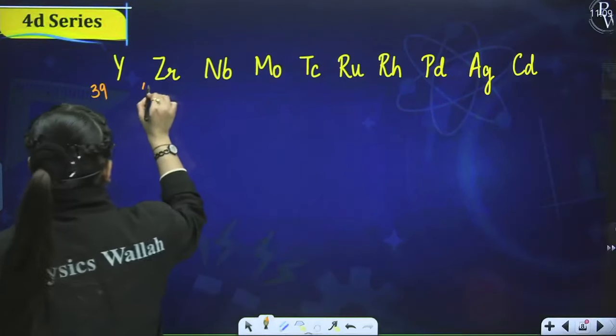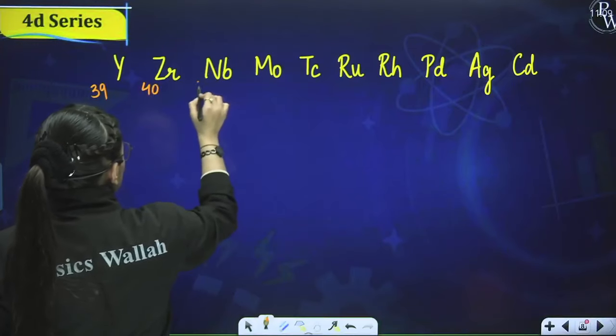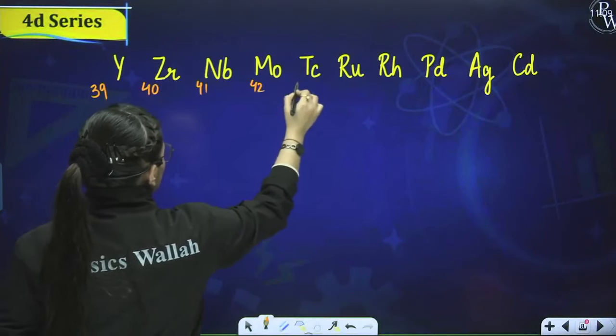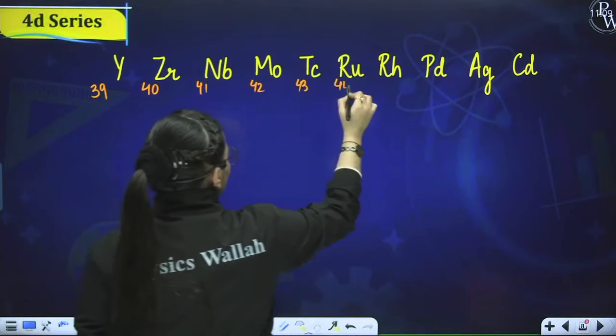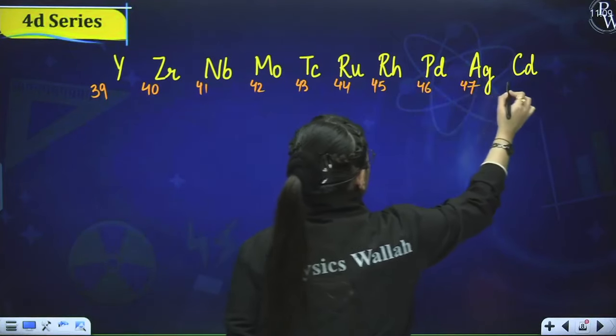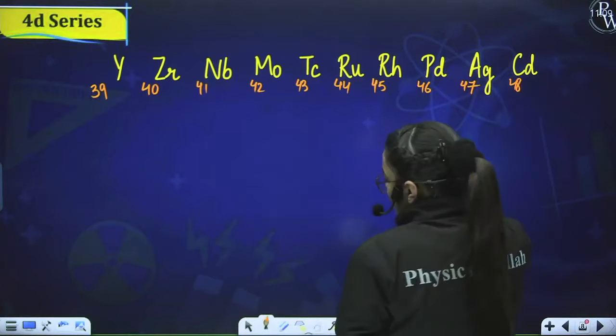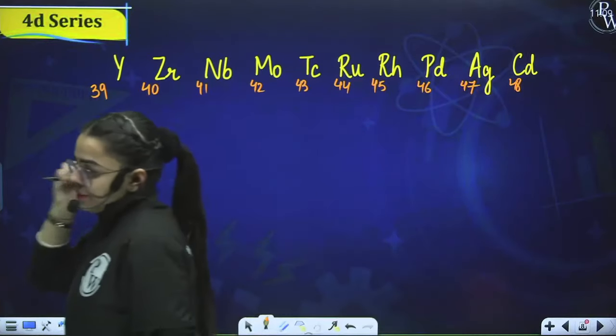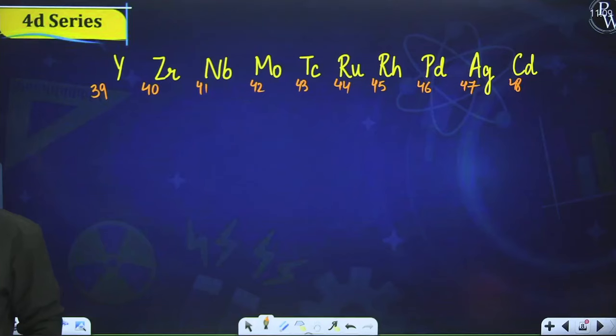If it is 39, then atomic number for Zr is 40, 41, 42, 43, 44, 45, 46, 47 and 48. Kindly write them first of all. I'll let you know a short trick for this series also.